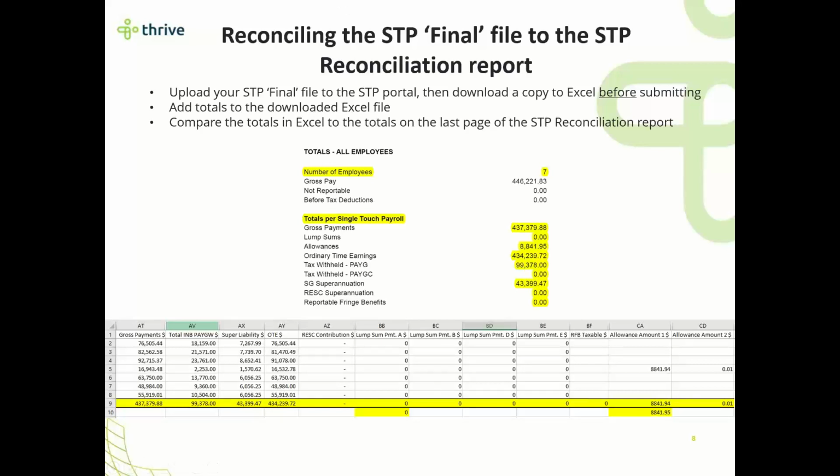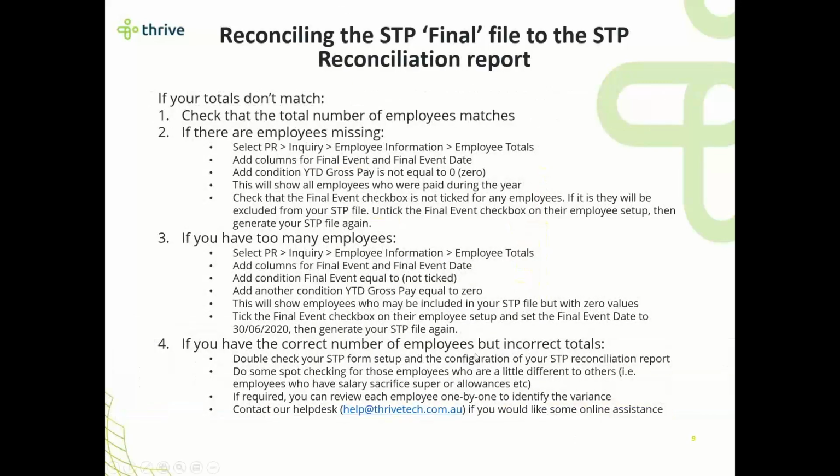Now, if you have any variances, sorry, lots of words on this page, but basically, first thing to do is check that your total number of employees matches, because if you don't have the right number of employees, then straight away you're going to most likely not have the right total dollars.